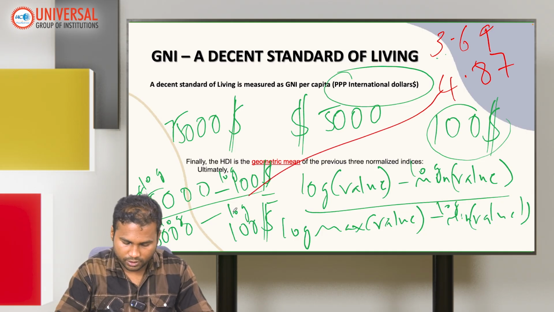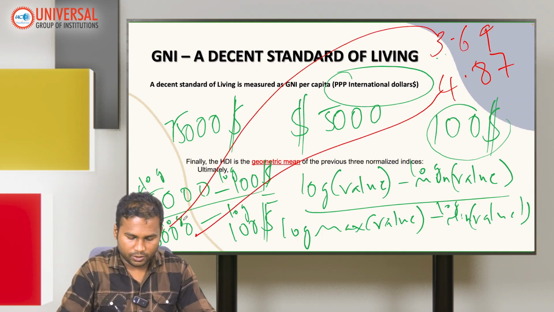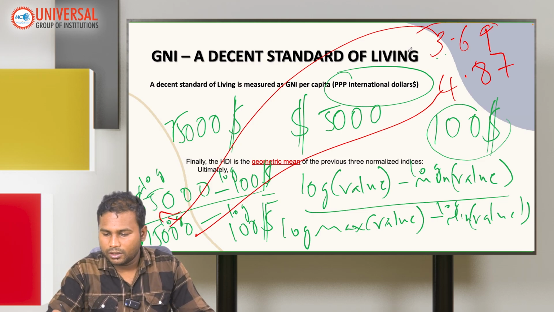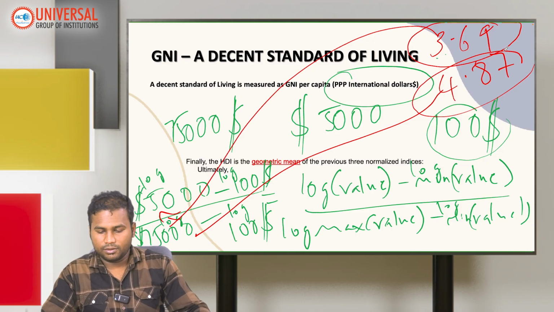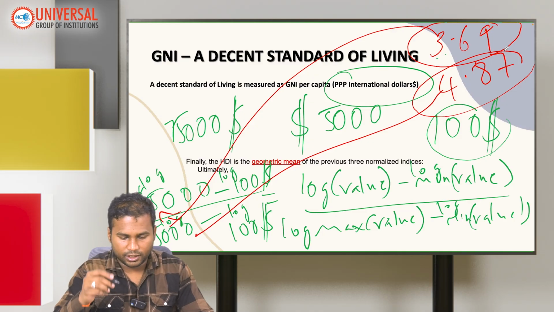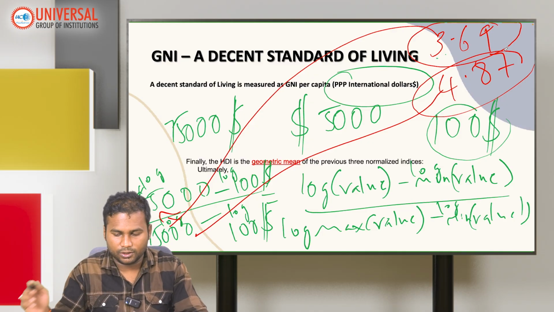Okay, this is for $75,000 and this is for $5,000. We have taken a hypothetical value of $5,000 for India. We are assuming India may have a GNI per capita income of $5,000.